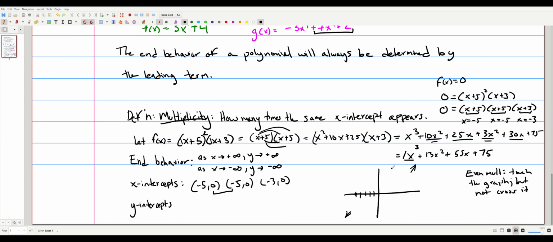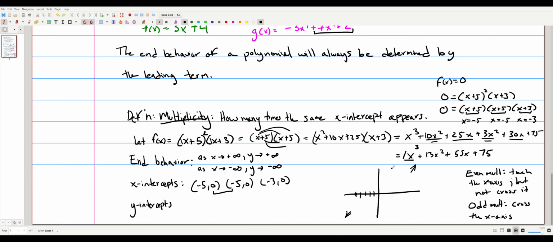This is kind of similar to what x squared does, right? Sometimes it can touch and come back. And if you have an odd multiplicity, that means you're going to cross the x-axis. I shouldn't say touch the graph, I should have said touch the x-axis, excuse me.